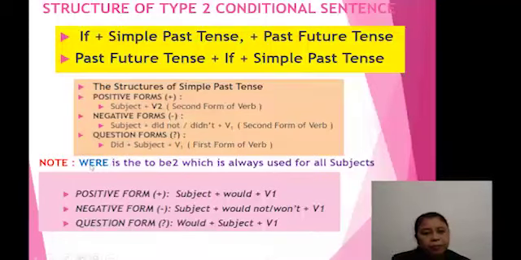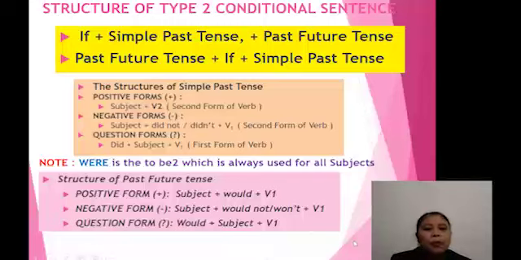Remember, the to be 2, or the second to be, used only is were. This is the to be which is always used for all subjects. For all subjects, we do not use was, but were, for the type 2 conditional sentence. Can you understand this? Okay.